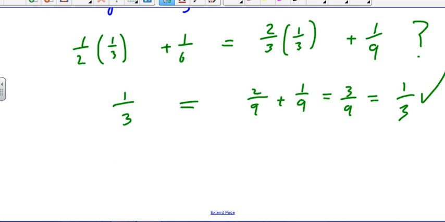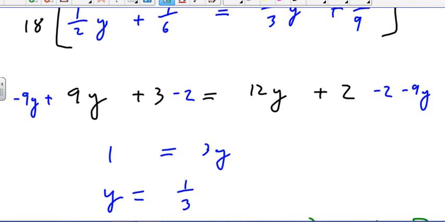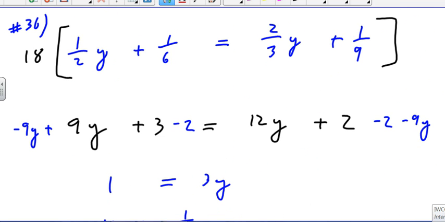I could, if I wanted to, put it in my calculator. Okay, so I'm going to put it in my calculator.